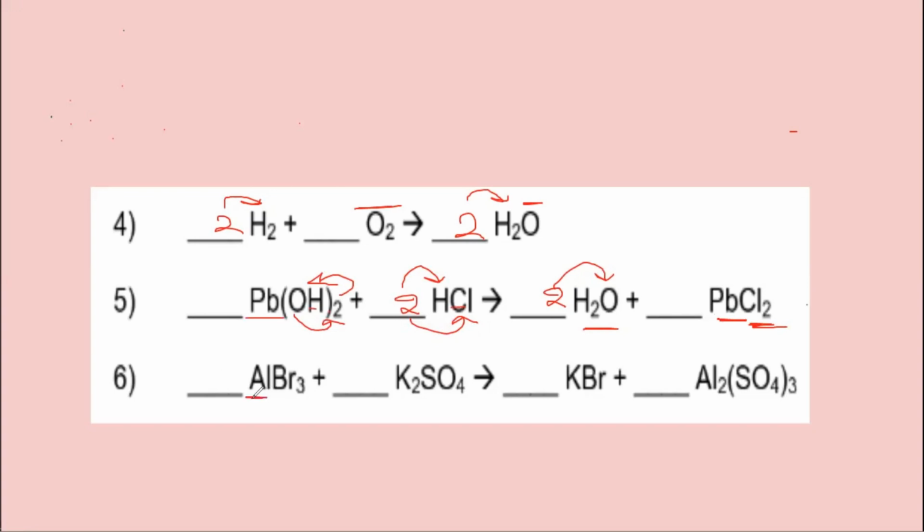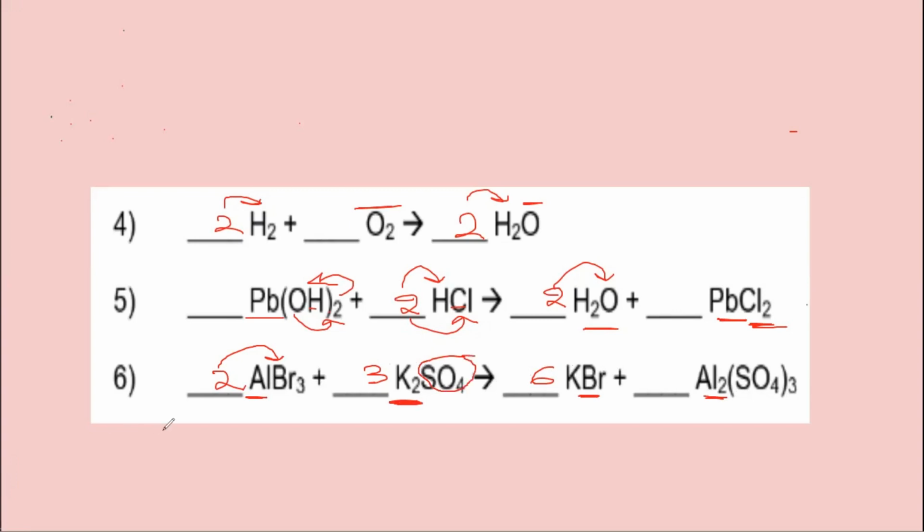Check this one. Number 6, 1 Al, 2 Al, so make it 2. So Br has become 2 3s are 6. So make this Br 6. How? Simply write 6 in front of it. Potassium has become 6. How can I make this potassium 6 in the reactant side? Writing 3 in front of it. SO4 is one thing.